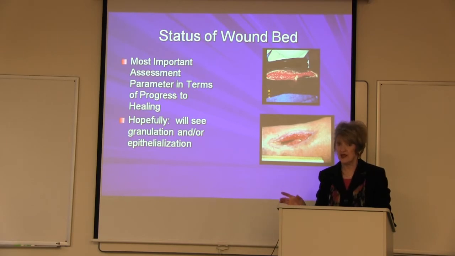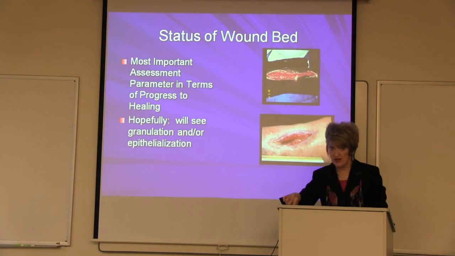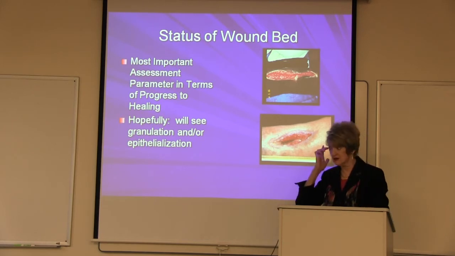Is the wound in the inflammatory phase, as evidenced by slough or eschar, or both? Is the wound at the end of the inflammatory phase, but not yet actively proliferating? That would be a clean wound bed without granulation tissue. Or is the wound actively granulating or epithelializing, which means the wound is doing well and is in the proliferative phase?